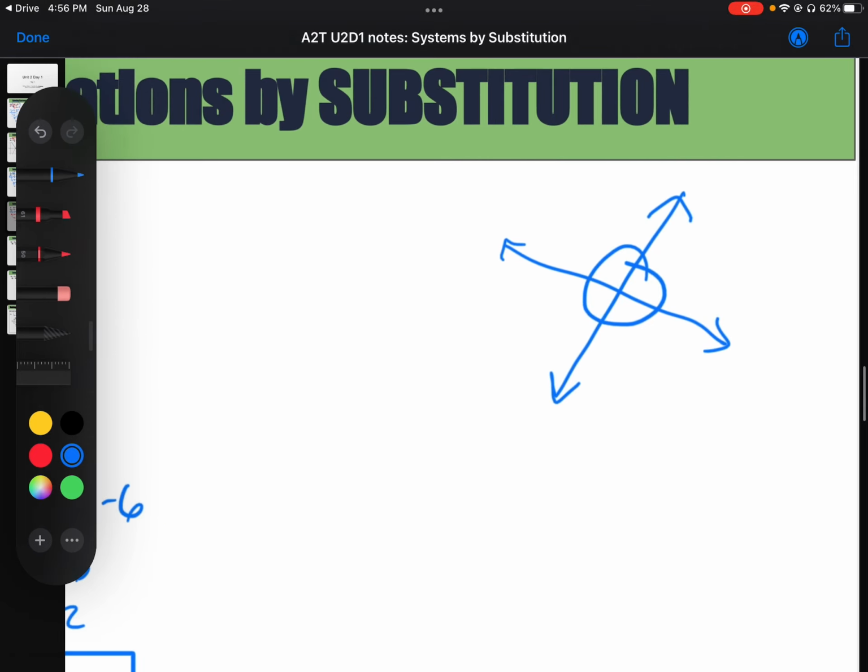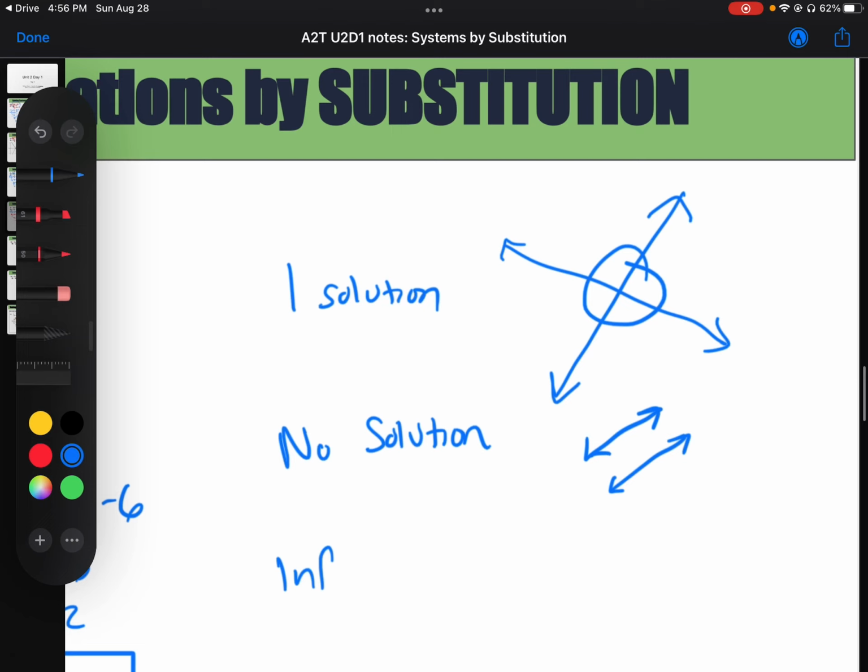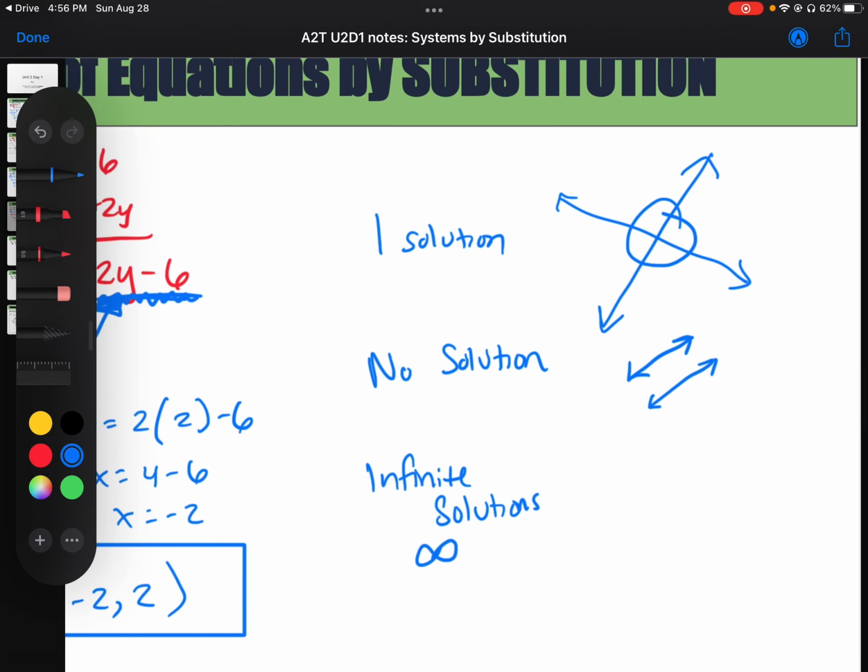So this is one solution, no solution. This is when we have parallel lines, and infinite solutions, which we can represent with an infinity sign or an all real numbers symbol.